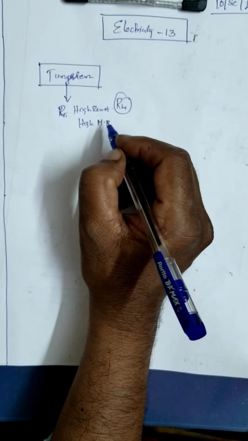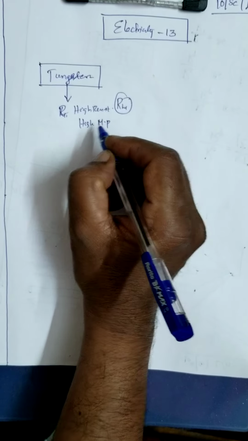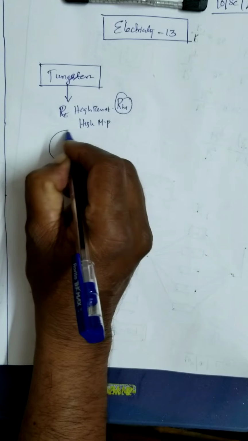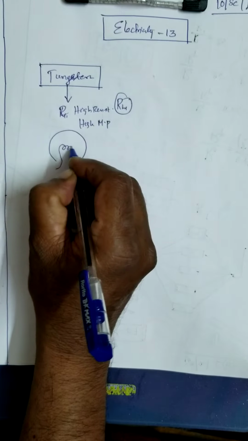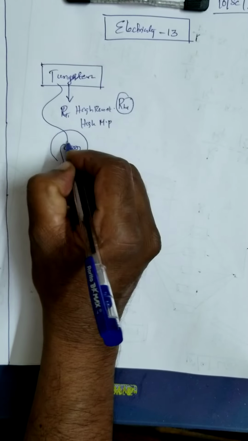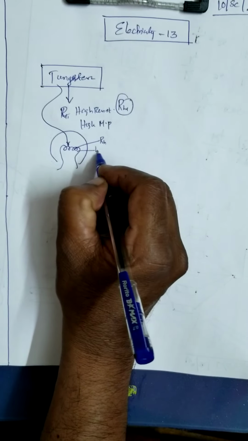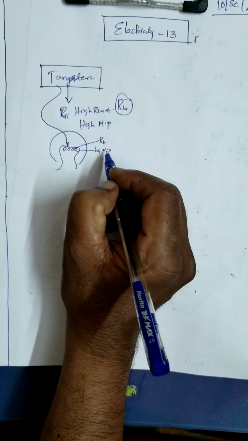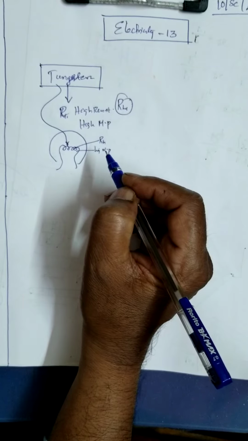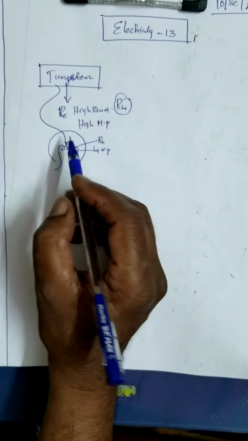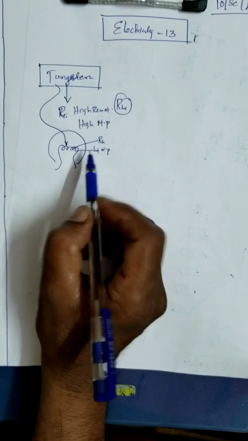And it retains heat, it gets very, very hot. Suppose in the bulb, this is a tungsten filament. The resistance is very high, it has a high melting point, and it retains heat properly.